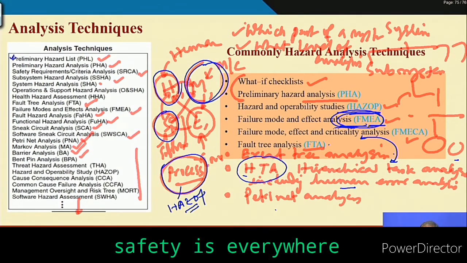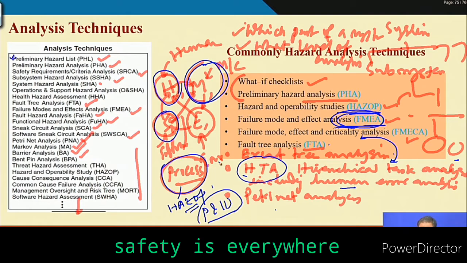If your system is process oriented, like the chemical, petrochemical, oil and gas industry, or even steel making, where there are different kinds of continuous processes, where the process parameters are known and their design intent is known, and through the piping and instrumentation diagram, P and ID, the total system can be explained, under such a situation, HAZOP is wonderful.